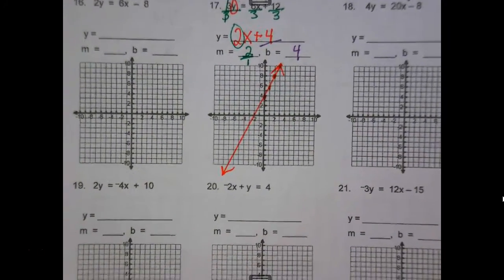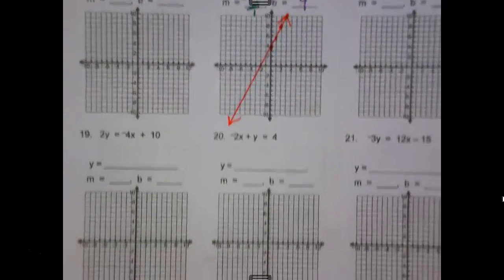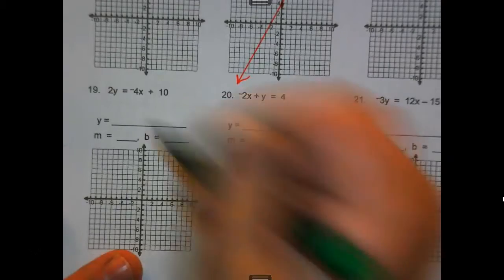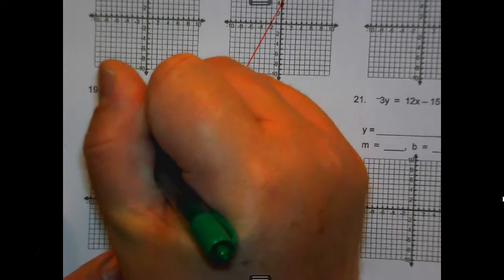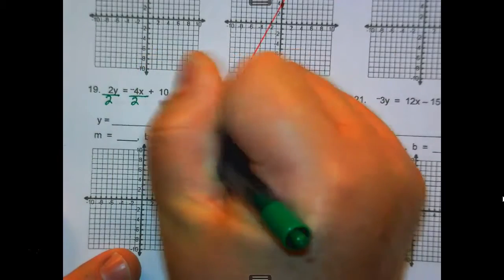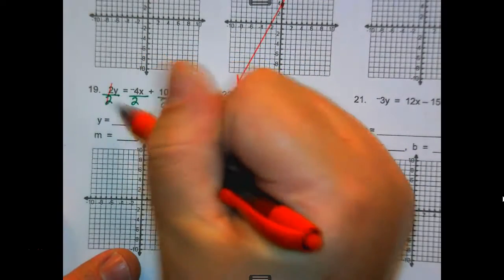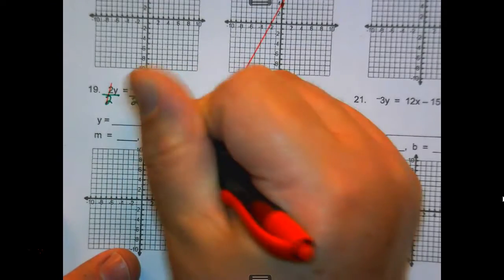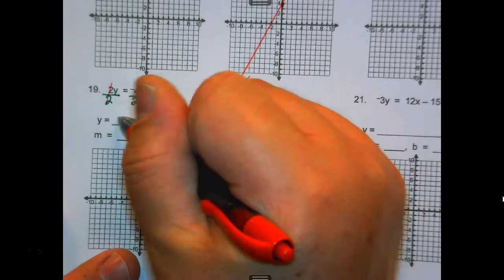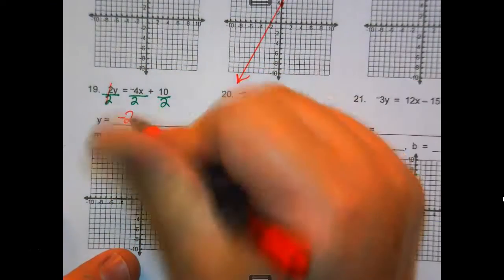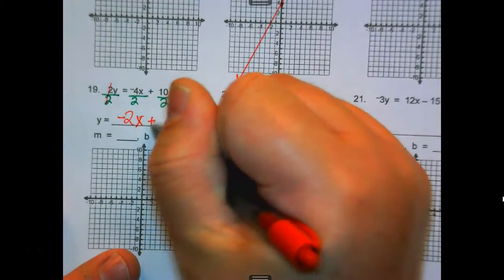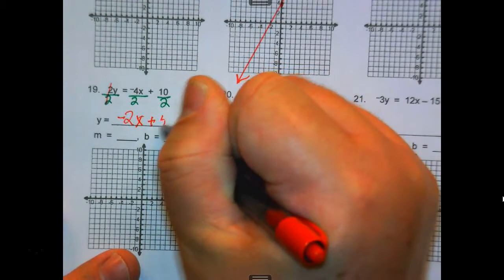Okay, number 19. I have to get y by itself. So I'm going to divide every term by 2. So 2's cancel, I get y by itself. Negative 4 divided by 2 is negative 2. And my x, 10 divided by 2 is 5.